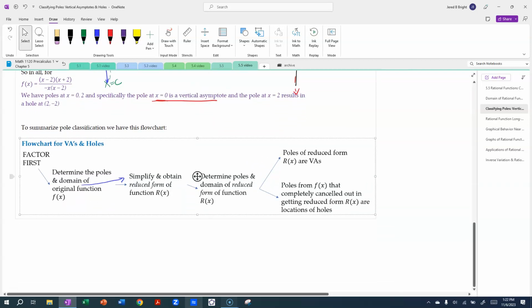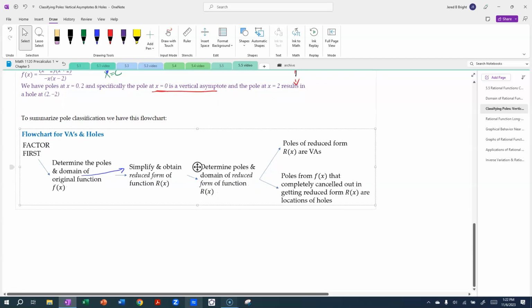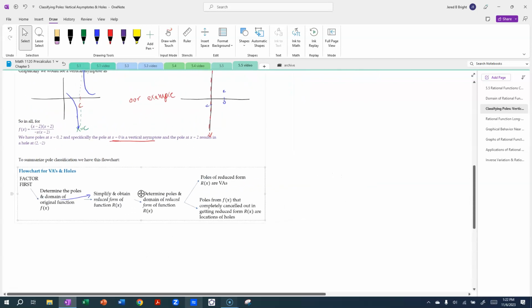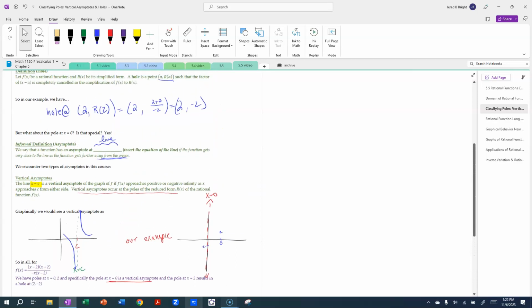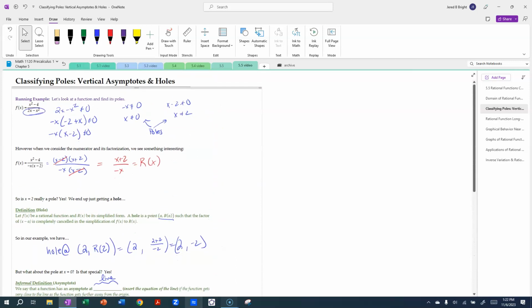Okay, so that's the flowchart that I recommend using to process the poles that I have: are they vertical asymptotes or holes? So I didn't follow it completely, but again, after finding the poles, I could have said, okay, the domain is negative infinity to 0, union 0 to 2, union 2 to infinity.